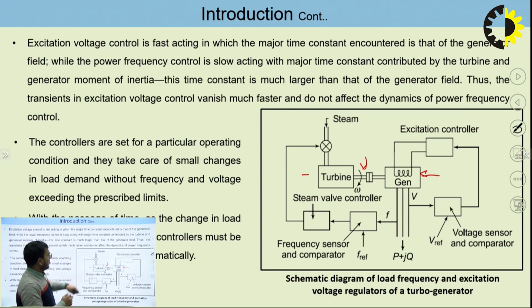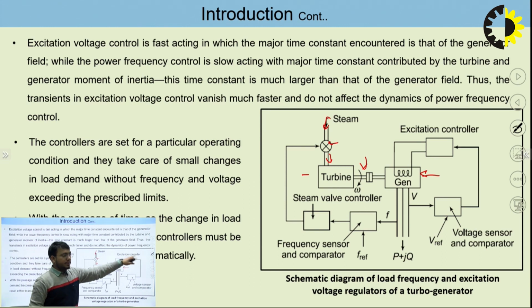Now over here your turbine is being injected with steam. This is the valve, and with this valve you can control the flow of steam being injected upon the turbine. The turbine rotates with speed omega, and with the same speed the rotor rotates, power is generated and electricity is produced over here.